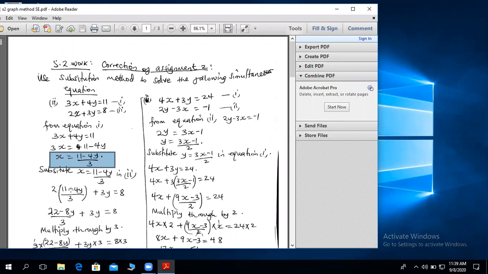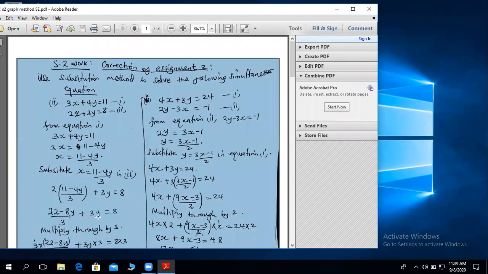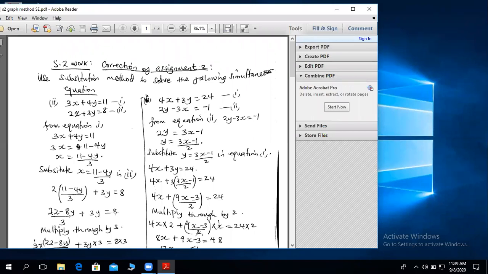Since this is a whole number and I'm multiplying by a fraction, we multiply the whole number only by the numerator. So we open bracket, it becomes 22 minus 8y, 4 times 2 minus 8y, then plus 3y is equal to 8.